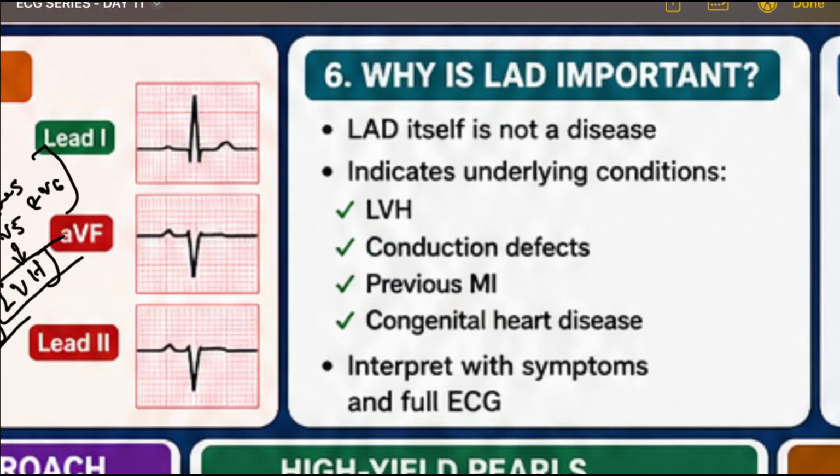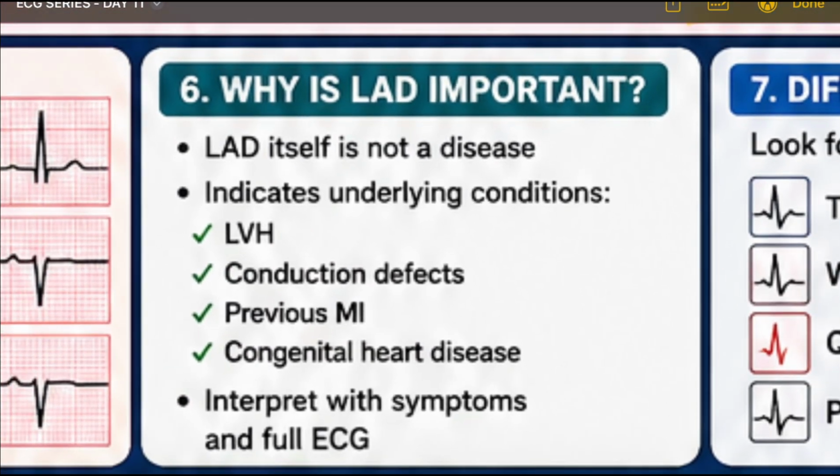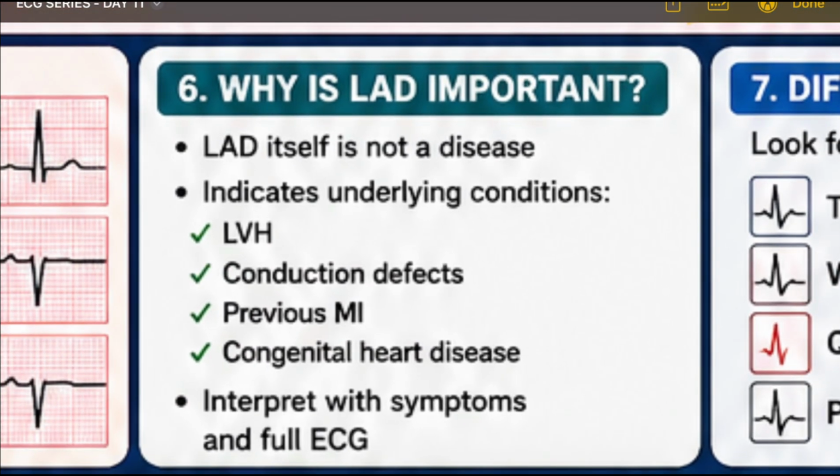Okay, so why is LAD important? This left axis deviation itself is not a disease. It is a clue that may indicate an underlying cardiac condition such as left ventricular hypertrophy, conduction defects, previous myocardial infarction, and congenital heart diseases.